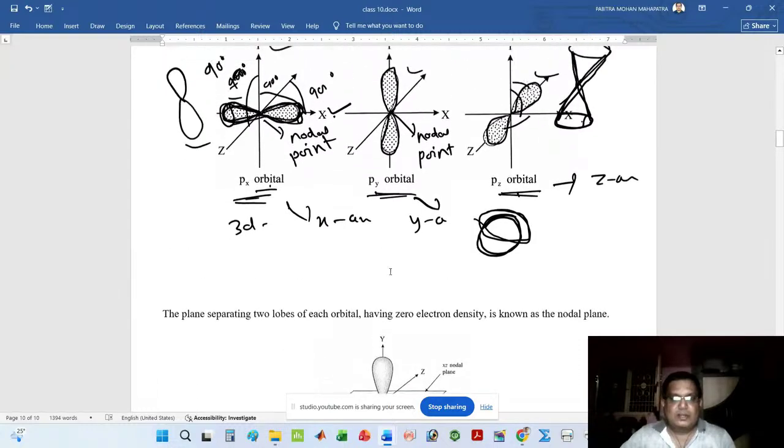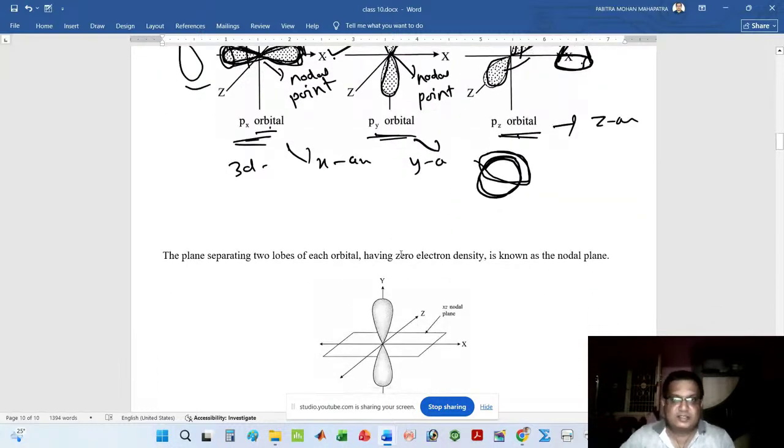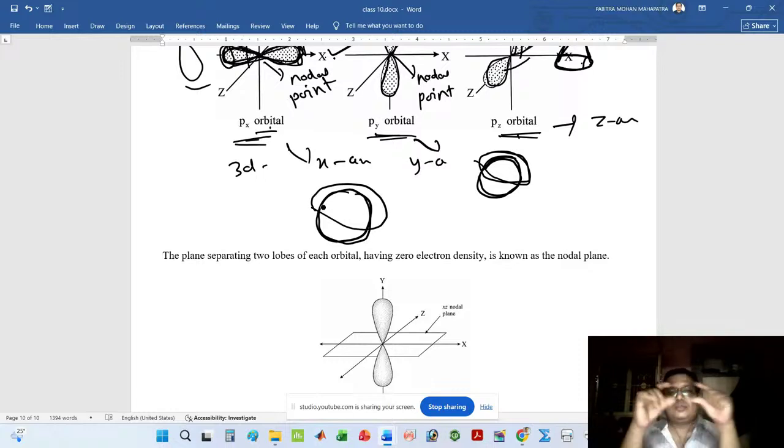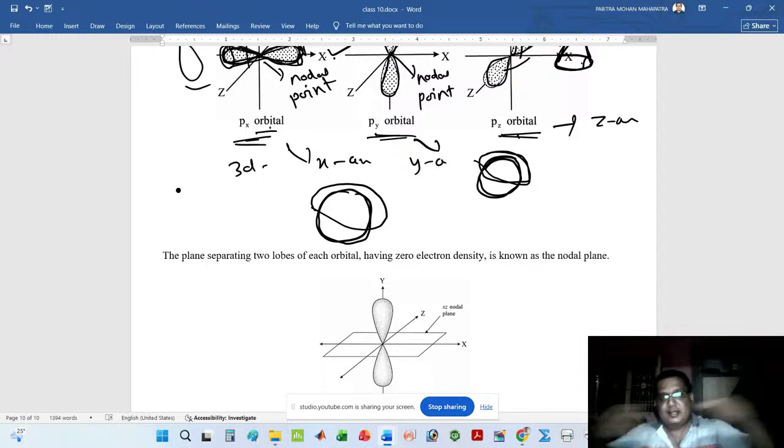What is the meaning of flattened sphere? Flattened sphere means take a ball. Suppose this is a football. Bind it with a small rope, or you can use a thread. Take a ball and bind the thread around the middle of the ball. What will happen when you tightly pull the thread?